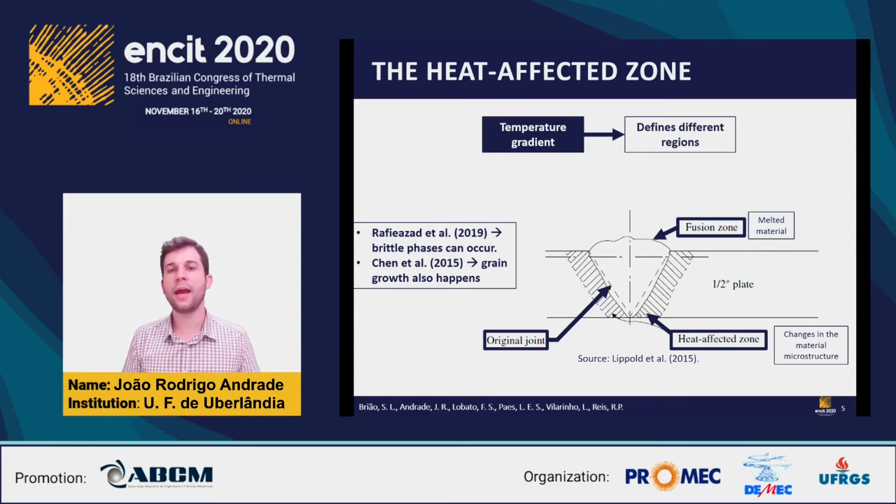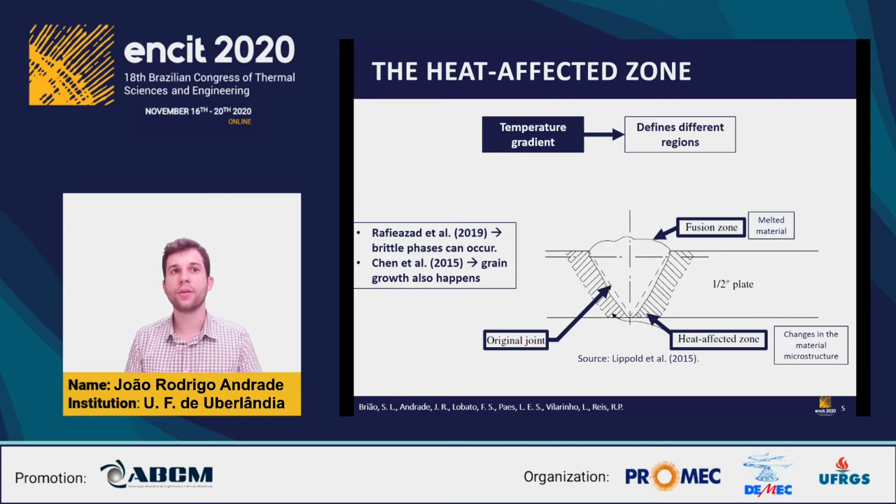The farthest area from the weld is designated as base material, or base metal, and remains unchanged. That means phase transformation does not happen as a result of processing. Then there are temperature gradients in the base metal that promote different microstructural regions.